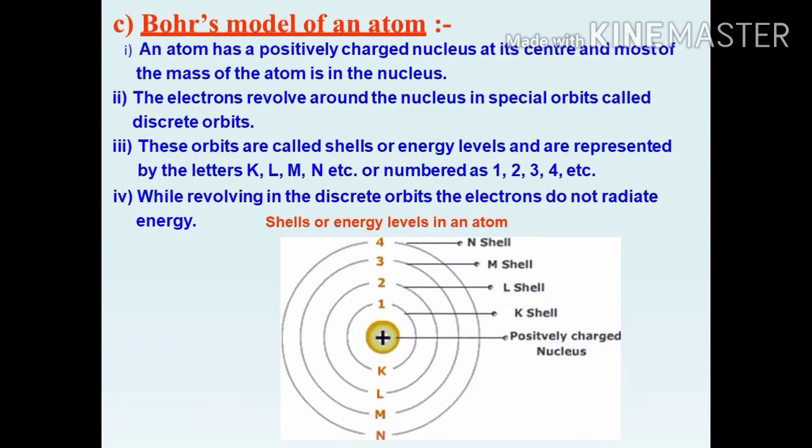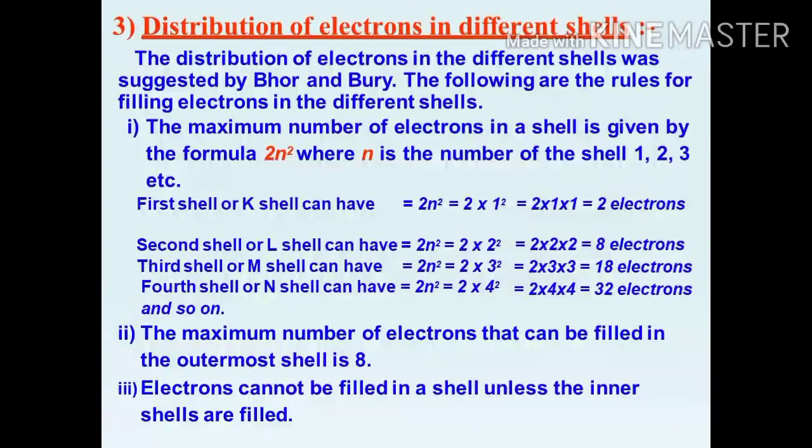The next one is how electrons are distributed in different orbits or shells. The distribution of electrons in the different shells was suggested by Bohr and Bury.